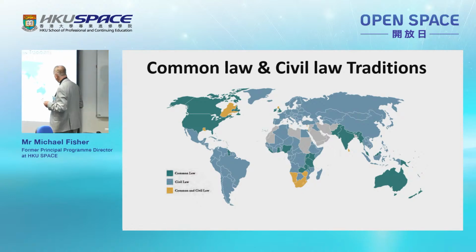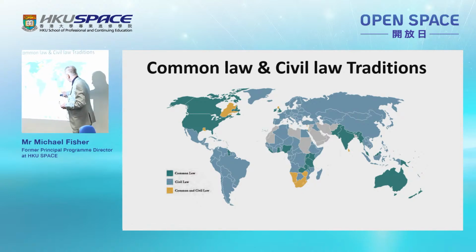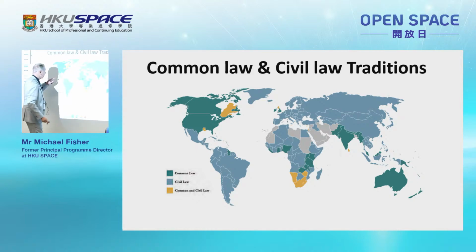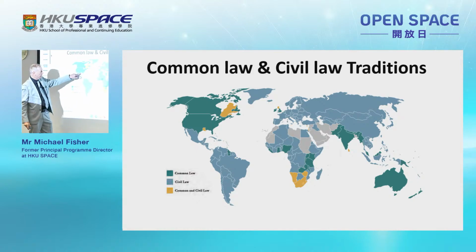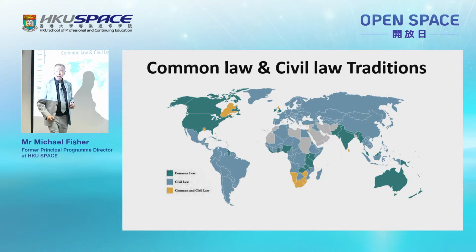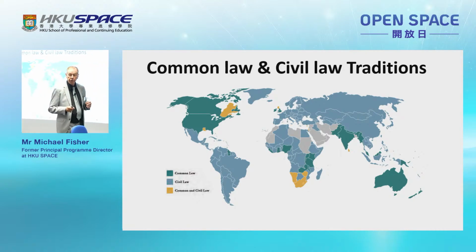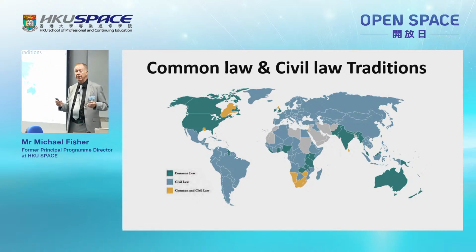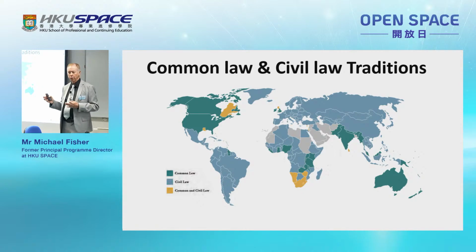One last thing before we move on. Notice that some are a bit of each. This bit here, you probably don't know, is called Louisiana. And Louisiana was actually bought by the United States from France in something called the Louisiana Purchase. Because it was once French, there's a little bit of civil law there in this big common law sea of North America.